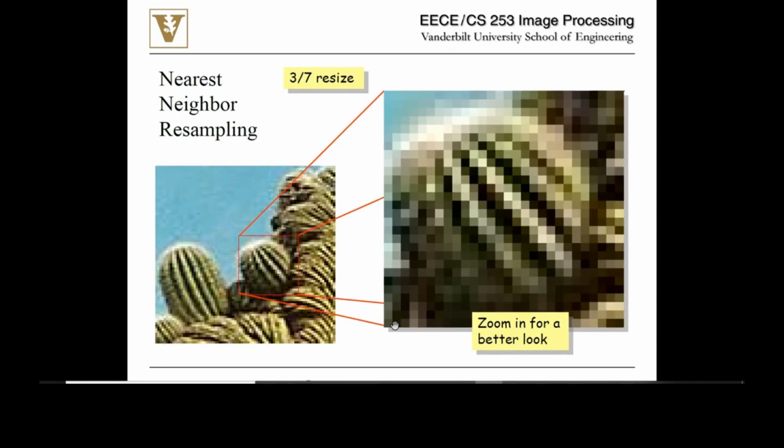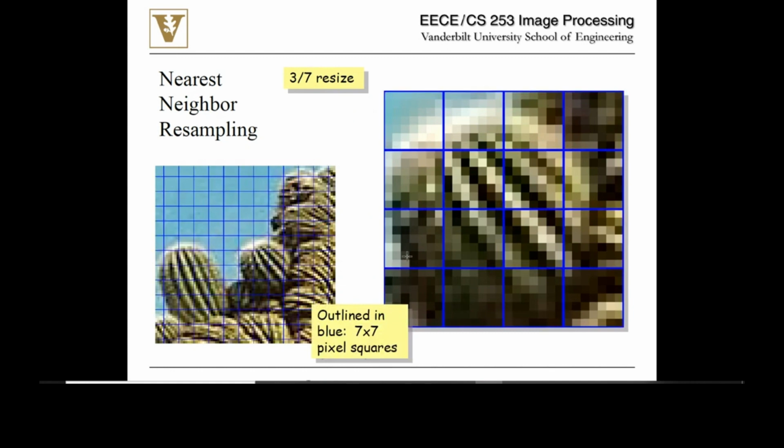Okay, so this is assuming the original image. We divide the original image in blocks of 7 by 7. And then inside each one of the blocks, you take a sub-block of size 3 times 3 that is equally separated.